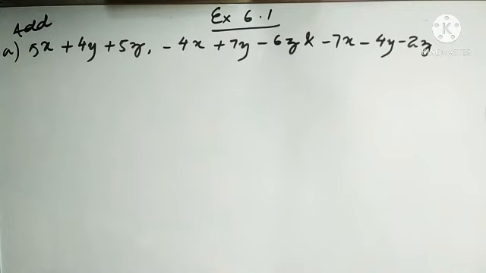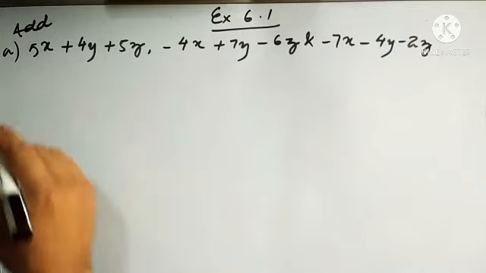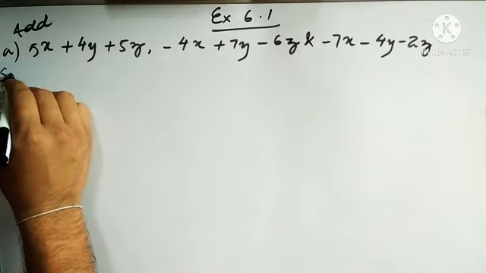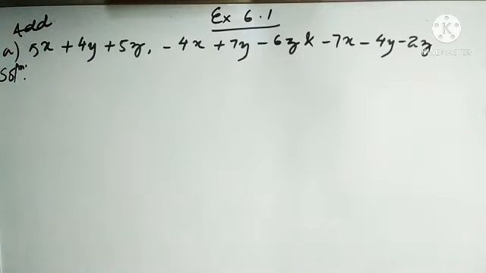We can do the addition in 2 different ways. The first one is the horizontal method and the second is the column method. But for now, in the beginning, I'll do the horizontal method. Okay, let's see how it is. Solution. What is the method? Horizontal method.